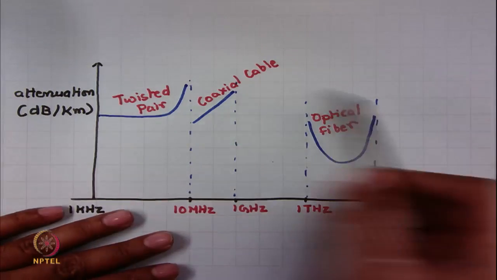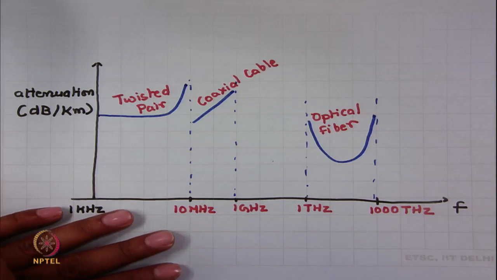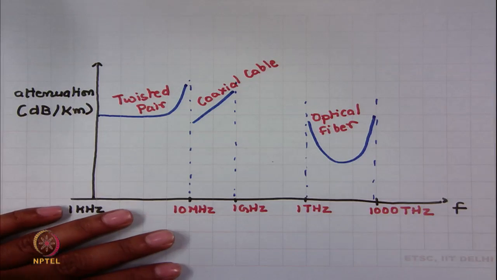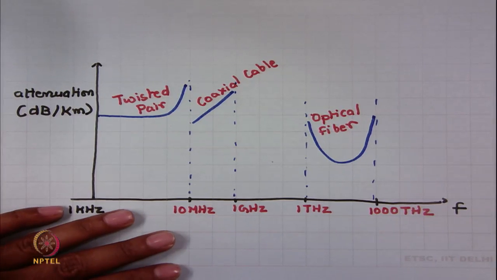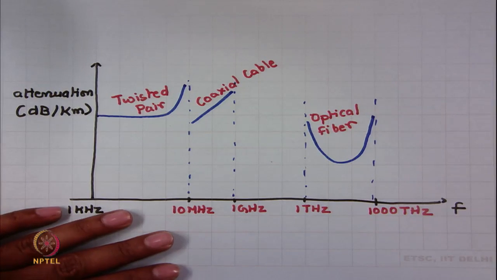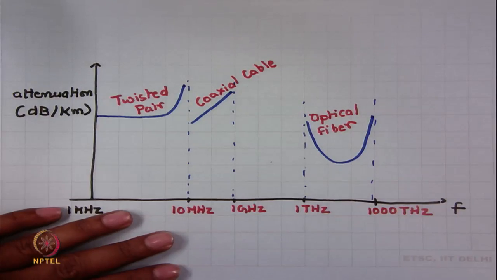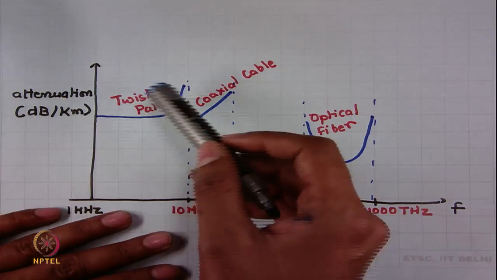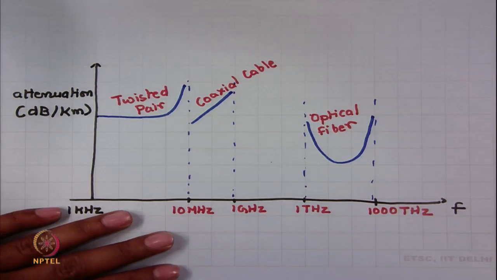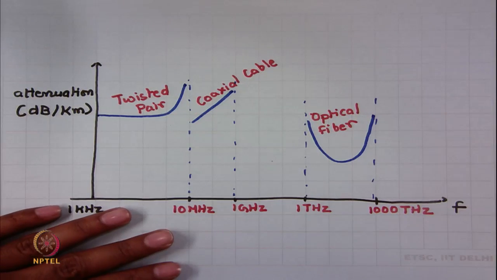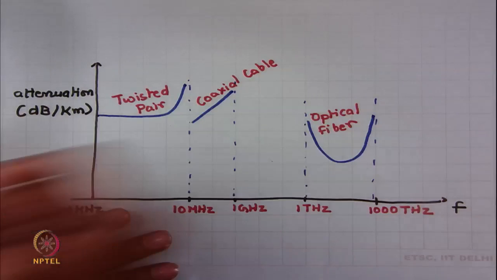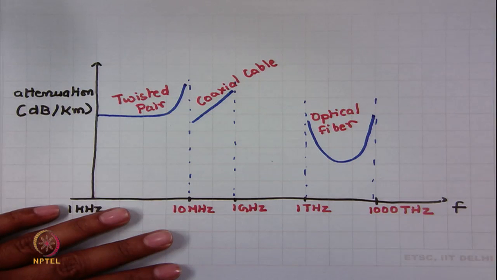So, optical fiber is a passband channel, coaxial cable is also a passband channel, twisted pair can be used both as passband or baseband channel. So, you can transmit digital data directly over twisted pair, and that is what is used in Ethernet LANs, or you can use discrete multitone modulation where you transmit the signal in form of passband signals.